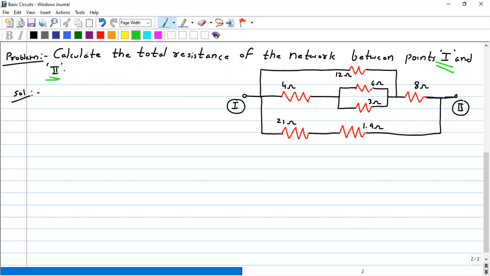That means between these points 1 and 2, I need to find the equivalent resistance of the circuit. There are many ways to find it, so let us see how we can do that.